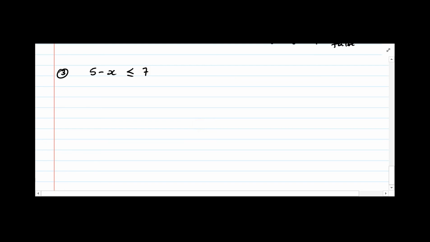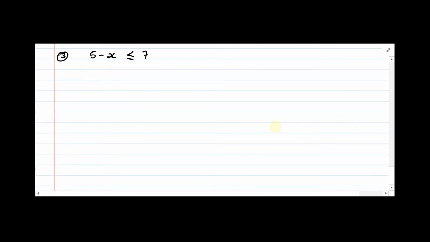Each time we get these, we want to not only solve, but also graph. So solve and graph, and of course, give your answer in set builder notation. There is another notation called interval notation, but we will not be using that in this class.